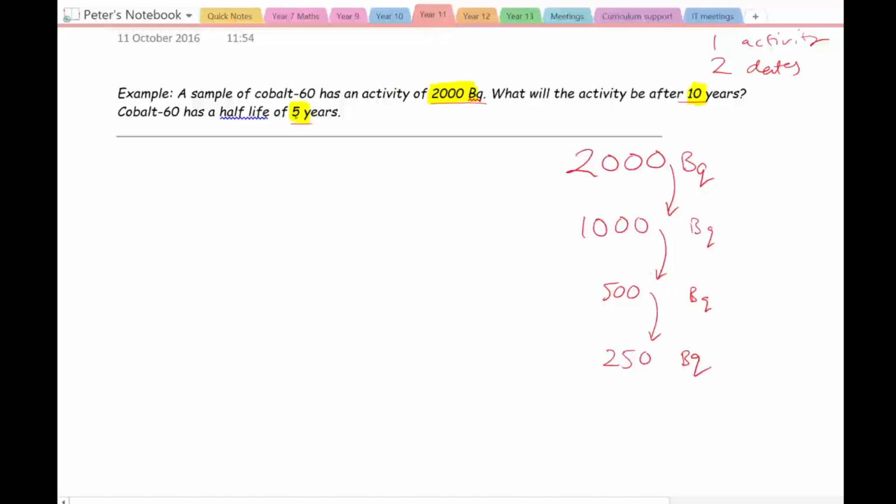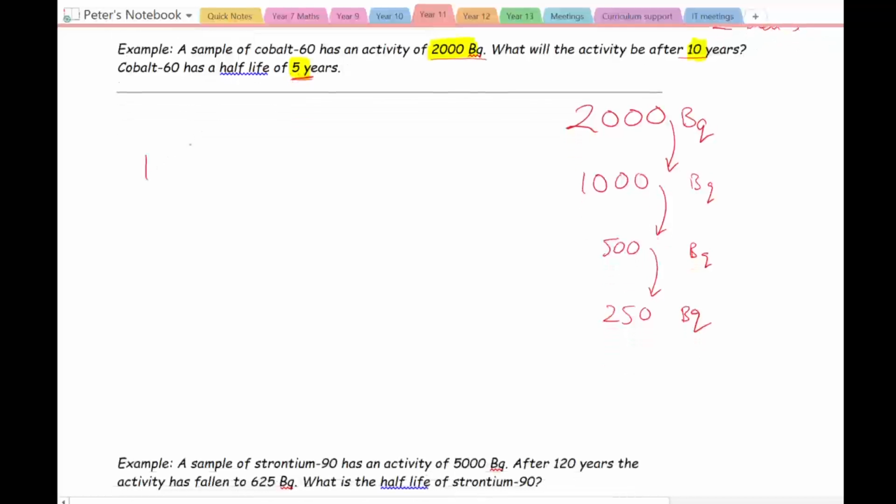So we know that one half-life from the question is 5 years. So it says, what will the activity be after 10 years? So 10 years is going to be the same as 2 half-lives. You can work that out because one half-life is 5 years, so if you double that, 10 years is going to be 2 half-lives.